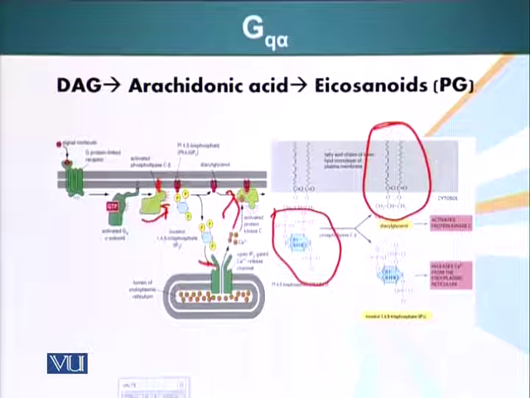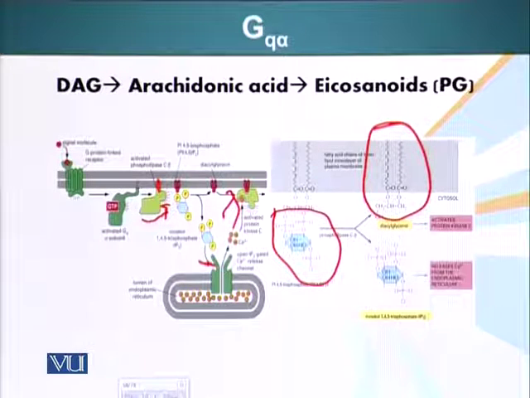This binding opens the channel, calcium is released, and it binds protein kinase C. Protein kinase C has a conformational change. It moves to the inner surface of the plasma membrane, attaches itself to diacylglycerol, DAG, and it is now activated and can mediate its effects. It's also a kinase. As the name suggests, it will phosphorylate other proteins.